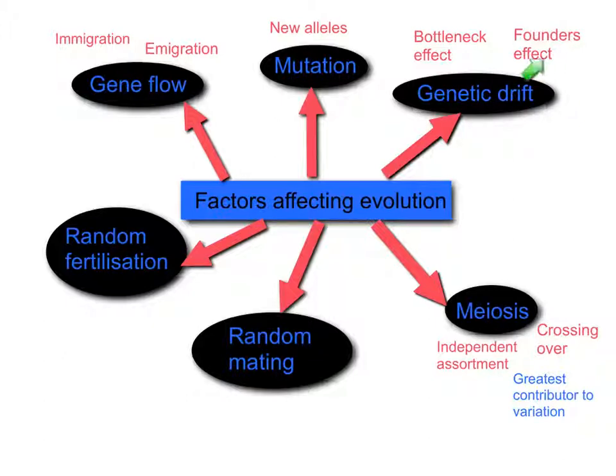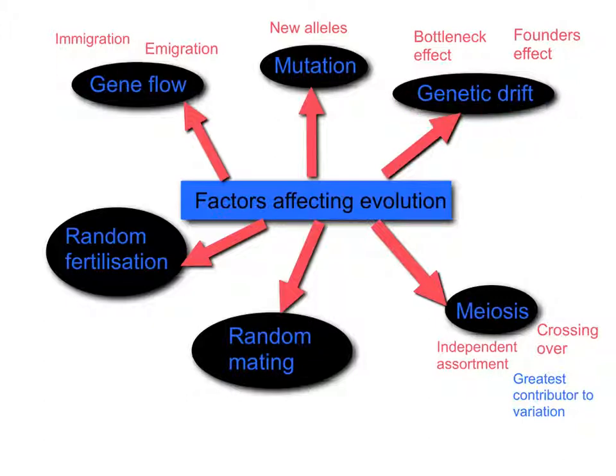Founder's effect is where you have a very small number of individuals that form a new population or found a new population, and these individuals that make this new little population, and it might be in a different geographical location on an island, something like that, they also may not be genetically representative of the original population, and therefore the alleles that they have to start with will expand as they breed and repopulate, but they may not have the full complement of all of the alleles that were there to start with, okay?